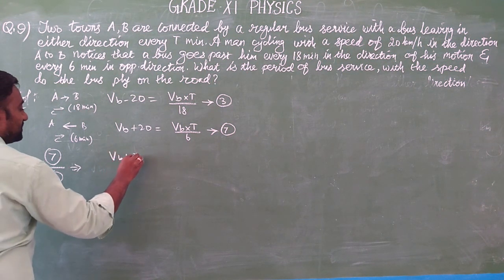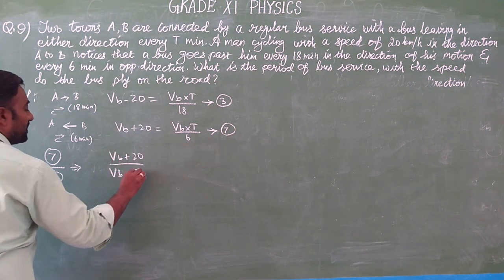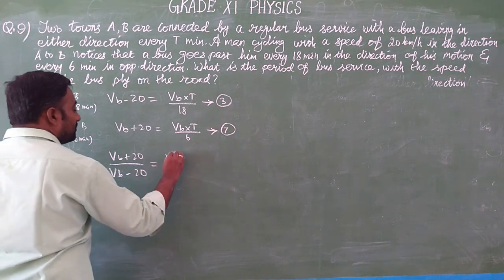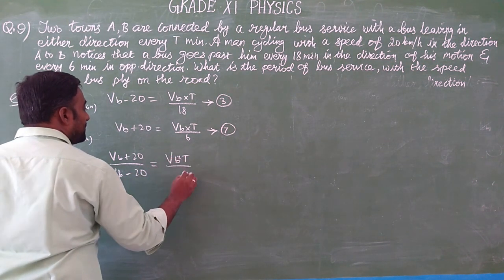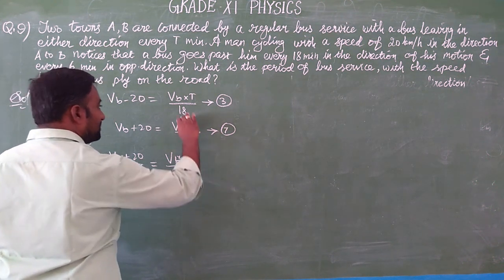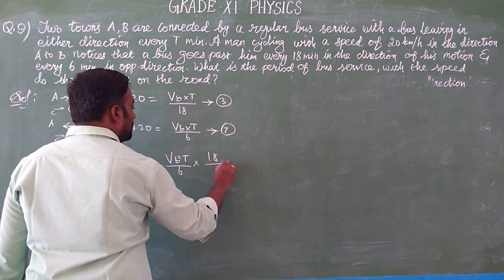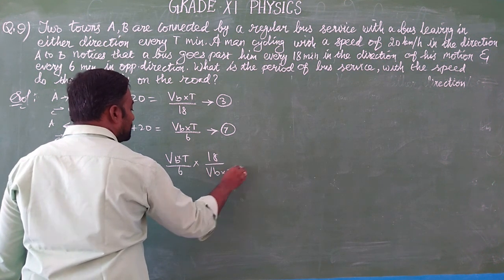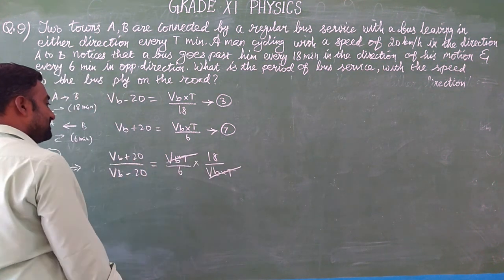So (VB plus 20) divided by (VB minus 20) is equal to VB into T by 6 into, this becomes the inverse, so 18 by VB into T. So VB into T, VB into T cancel.